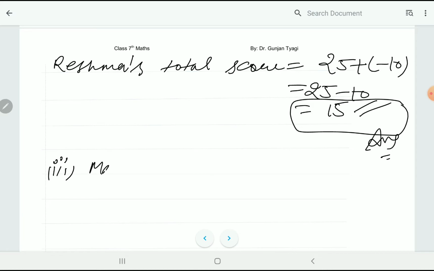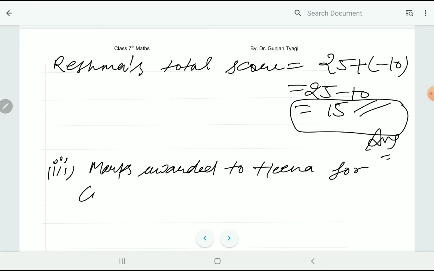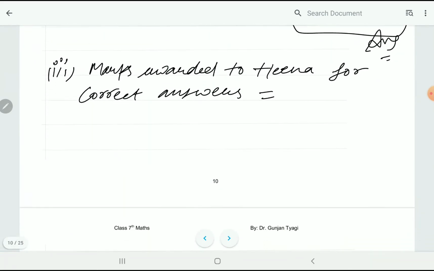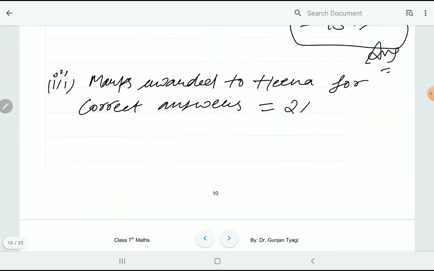Marks awarded to Hina for correct answers is equal to, she did 2 correct and 5 incorrect answers. So 2 multiplied by 5 is equal to 10.